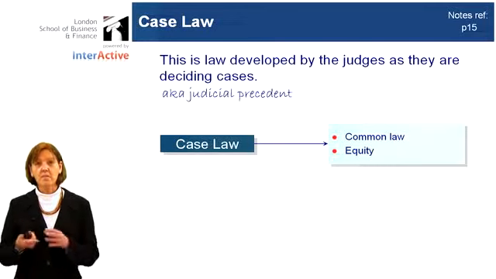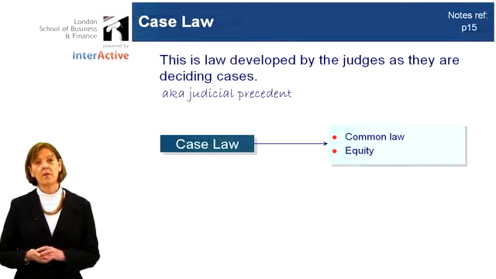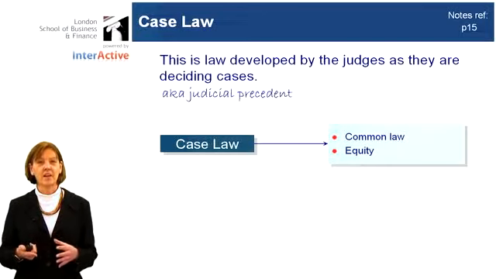Well, right at the beginning, what was the law that they were using to decide the disputes? Well, as we said, there wasn't any really. What there was, though, was local customs. Customs local to each and every manor.